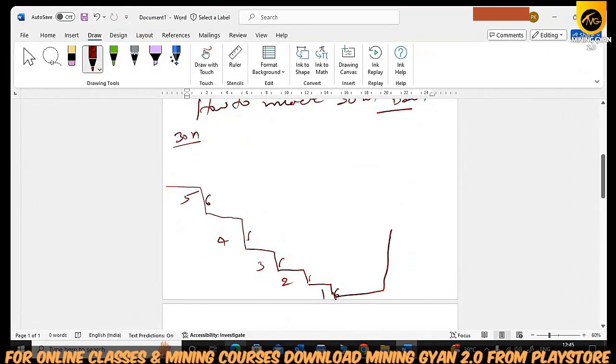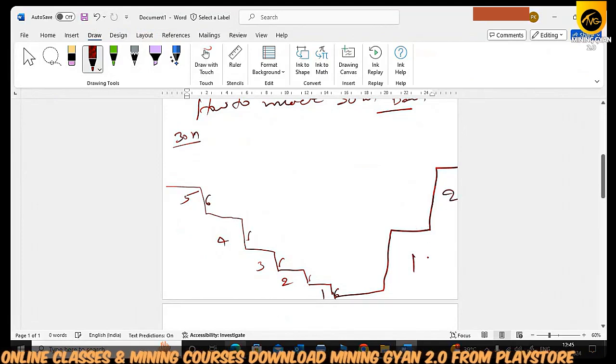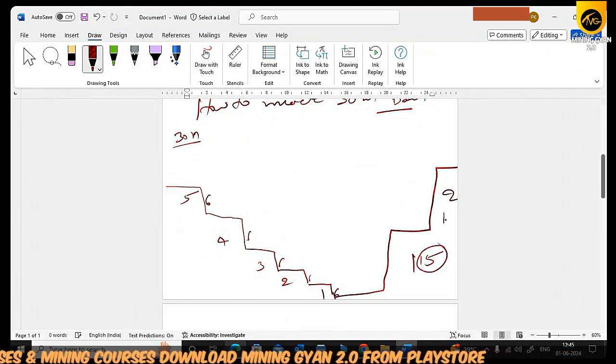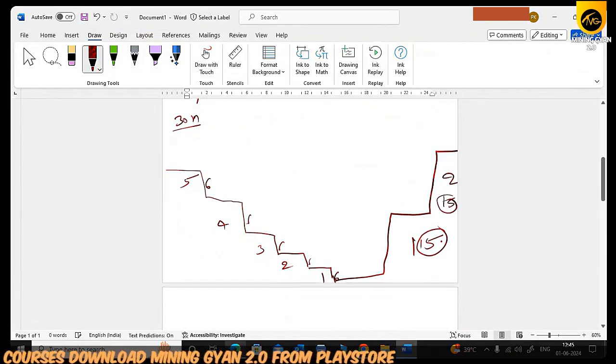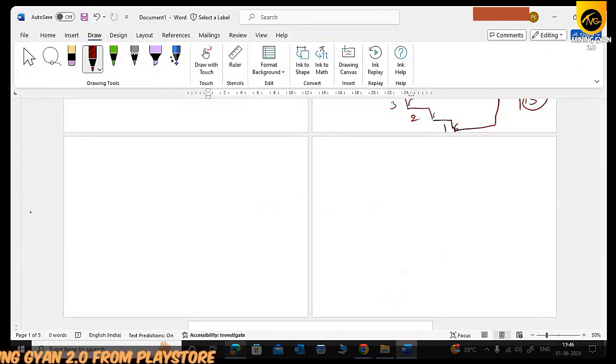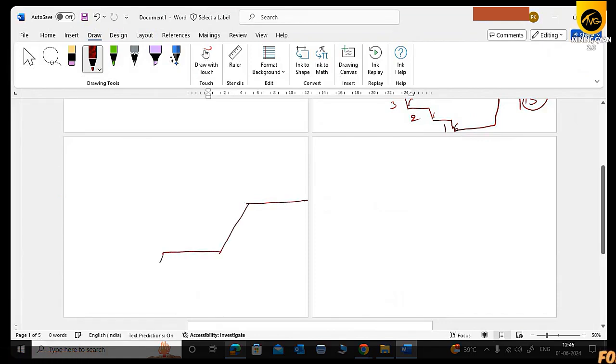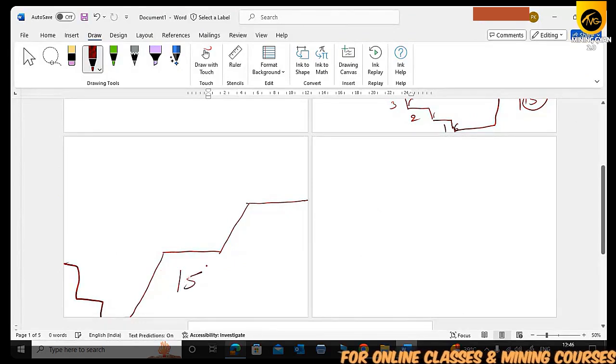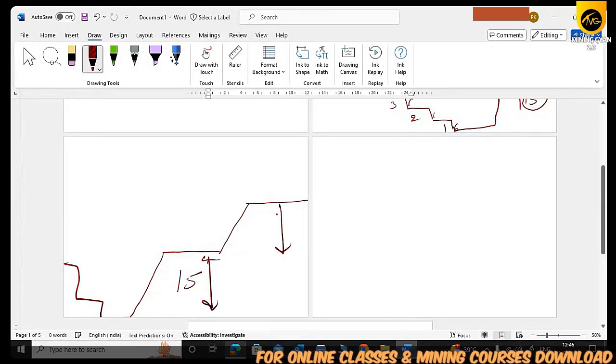We require a 15 meter high bench, and another bench, so two benches. The first bench and the second bench: it is 15 meters, and this is also 15 meters. I did not draw this well here, so let me draw it again so that you will understand very well. For example, look. Okay, so this is 15 meters from here, and 15 meters from here.